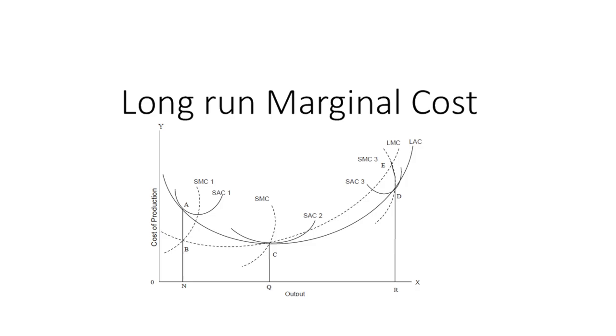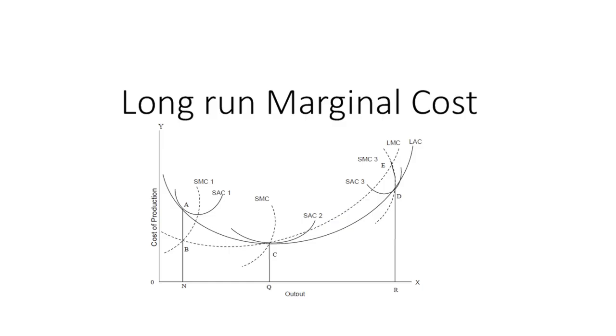Now we can see the short run marginal cost will also be equal to the short run average cost. That means it touches at this point B. For SAC2, the short run marginal cost and the short run average cost intersect at this point, and now the long run average cost is tangential to this point.